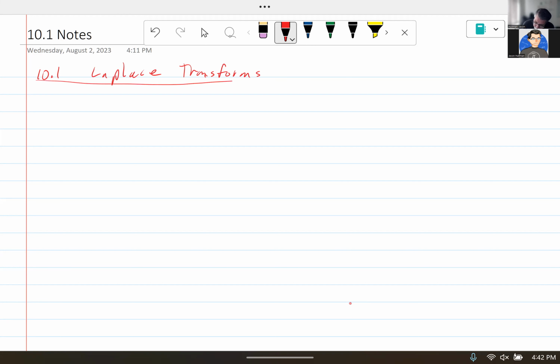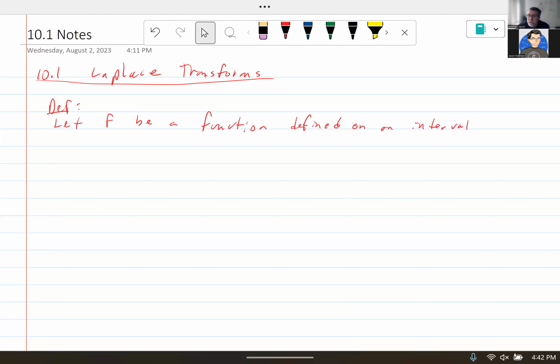Okay, definition. Let f be a function defined on an interval from 0 to infinity.